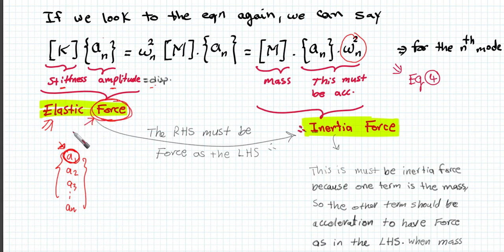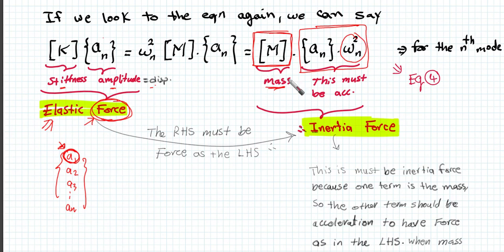Okay. And the right hand side, we arranged it in a way that one item is giving us mass. So by default, the remaining items should be what? Exactly. It should be acceleration. This must be acceleration. Why? Because if the left hand side is stiffness force, elastic force, this means that we need the right hand side to be a force also.